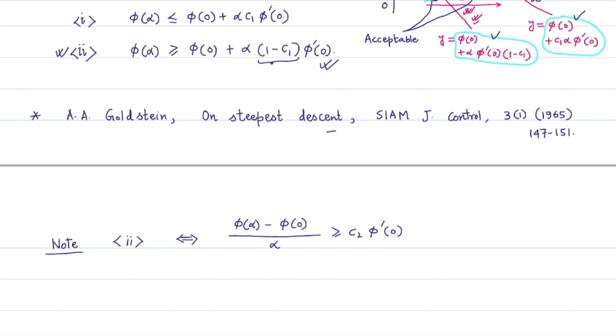Now by Lagrange's mean value theorem, this inequality can equivalently be written as phi dash of some xi, where this xi lies in between 0 and alpha, phi dash xi is bigger than or equal to C2 times phi dash 0, which is closely related with phi dash alpha bigger than or equal to C2 times phi dash 0.